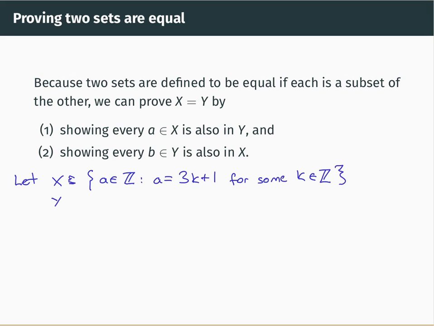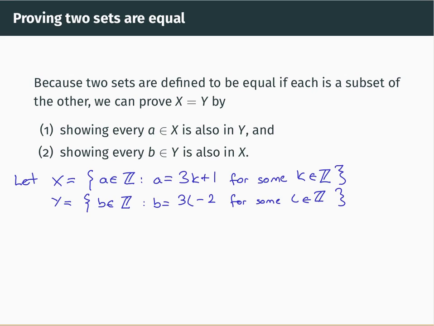And Y is going to be equal to the set of all things, let's use B this time, just to be clear, B in Z such that B is equal to 3 times L minus 2 for some L in Z.